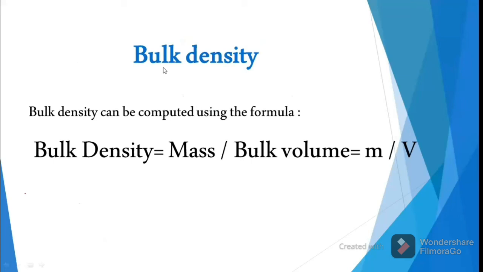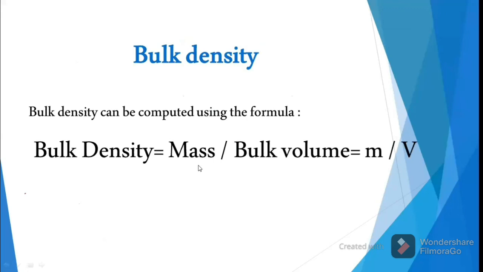Now the next, bulk density. We can also calculate the parameter of bulk density, and the bulk density can be computed using the formula mass per bulk volume, which is equal to m divided by v. So how will you calculate this? By using the Archimedes principle: take water in any vessel and weigh your material.